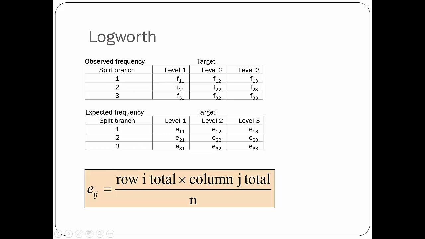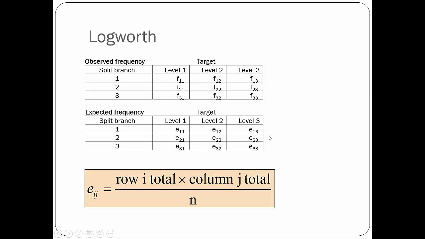Now you compute what are called expected frequencies, and these give us the frequencies when the split is completely impure. Because if it is completely independent, there is no purity at all, then this is what you will see.